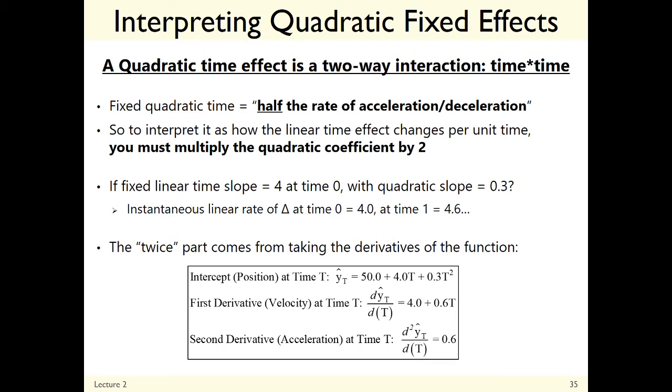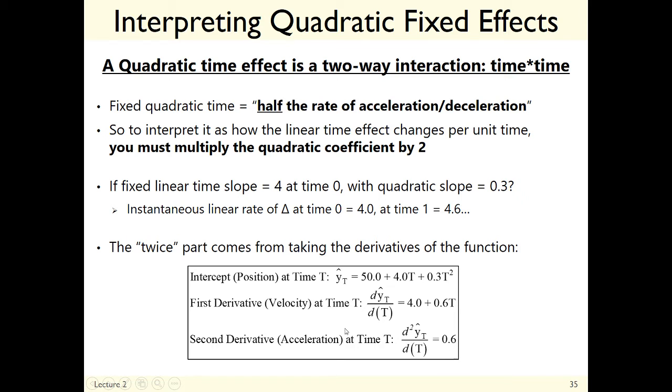To talk about it as how the linear effect of time changes, you have to multiply the quadratic by 2. And there's one reason here that's calculus, because what we're actually talking about is the second derivative with respect to time. And when you take the first derivative with respect to time, the squared term comes down in front. And so the second derivative, which actually gives you the rate of acceleration, is twice the quadratic coefficient.